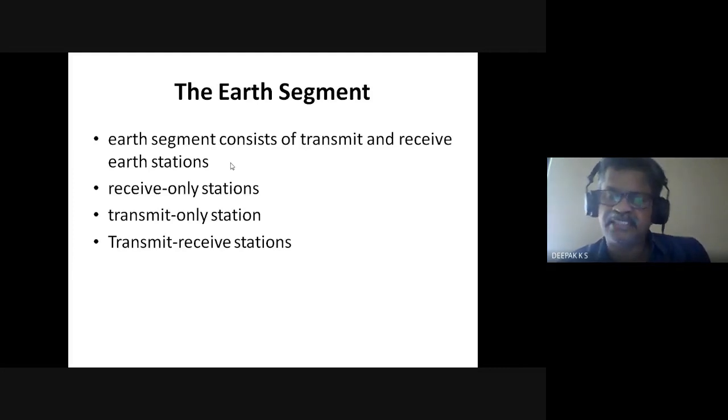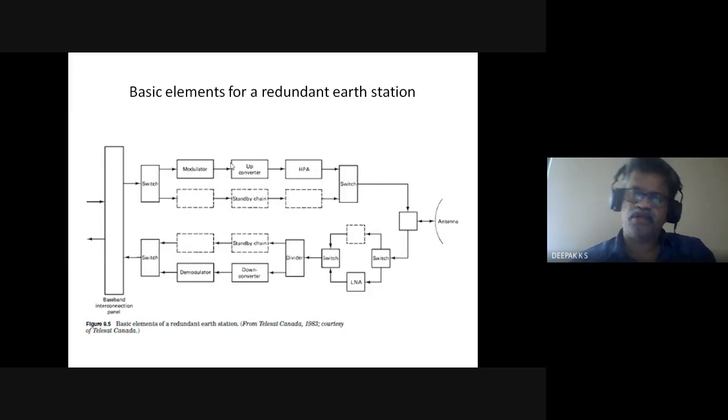So in the Earth station, the signals are modulated. The IF is there, up converted to RF, amplified. There's a diplexer so that you can use a single antenna for transmitting, and again received, amplifier, down converter, demodulator, baseband signal.